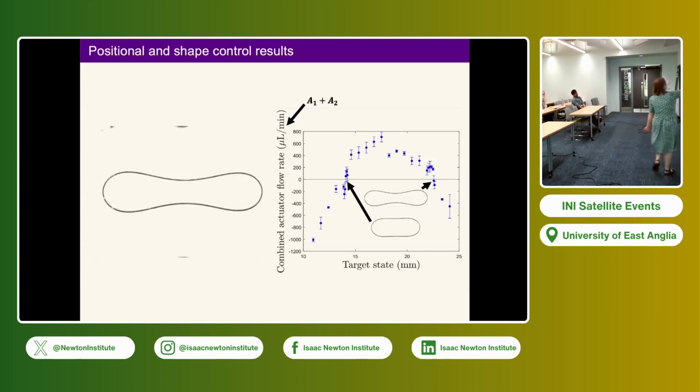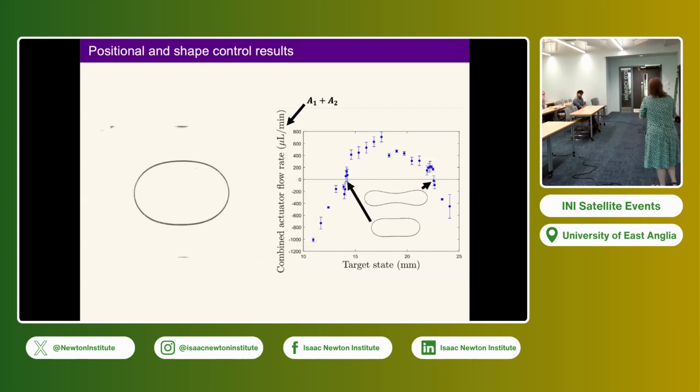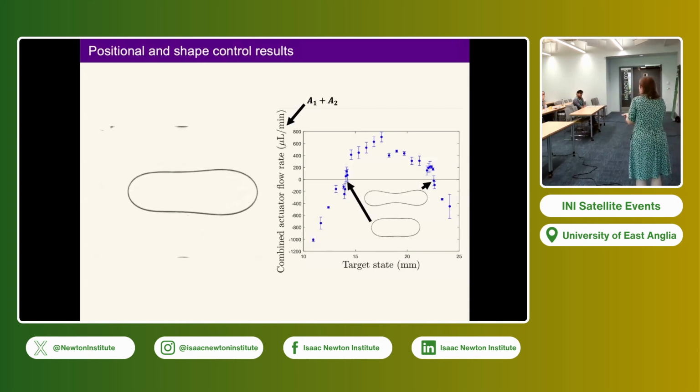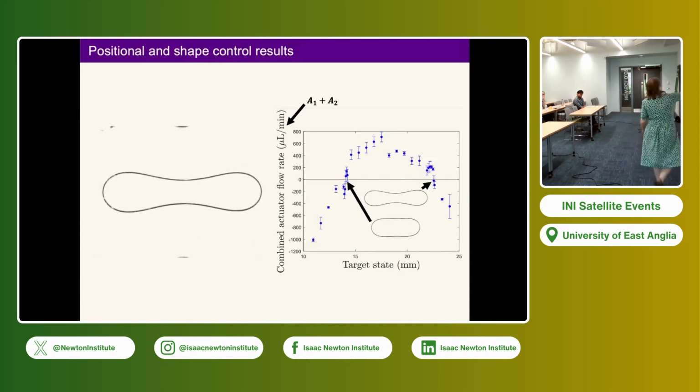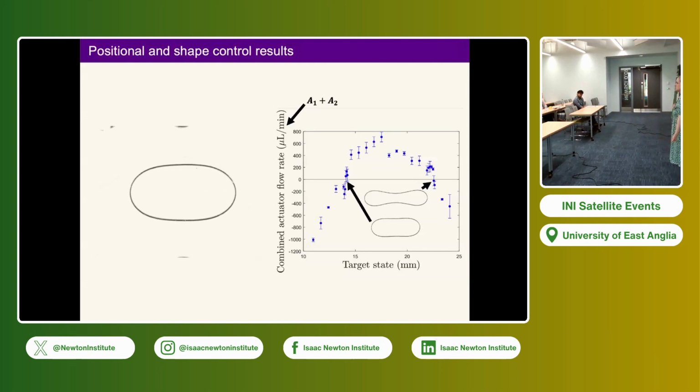One of them corresponds to this shape, which is where we were on the first branch of the system, which we actually could get without needing the shape control. We just had to move the bubble to the middle. And then the second point is on this second branch that we couldn't get to before.